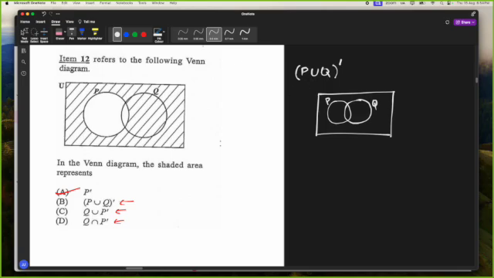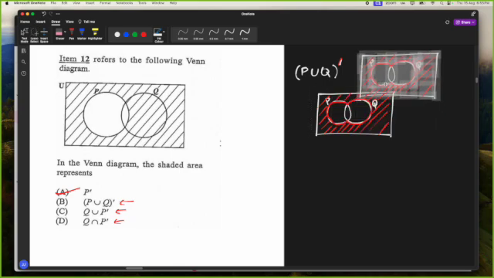P union Q. So what is P union Q? It is the union of P and Q. So this here is P union Q. Everything in P and Q all together. But then the complement now says that they want everything outside of that. So everything outside of P and Q together. So you have to be able to look at these set notations and be able to come up with the Venn diagram for it.